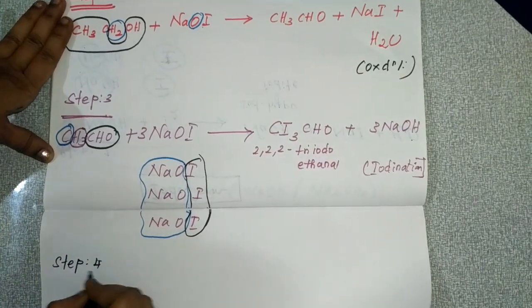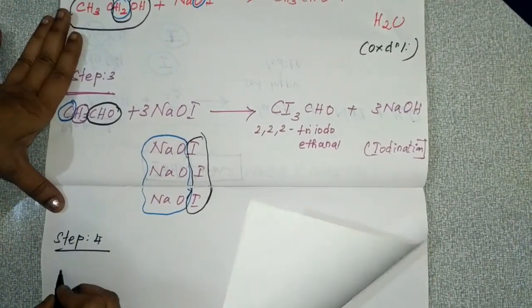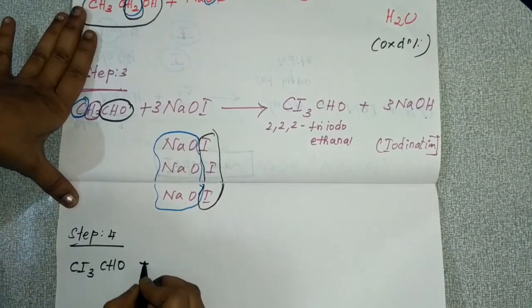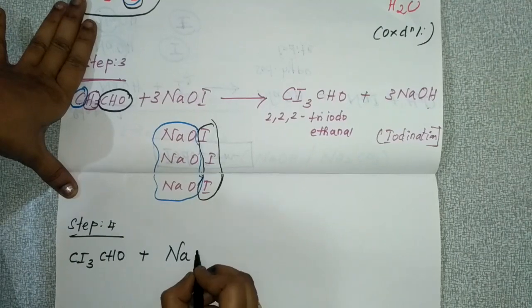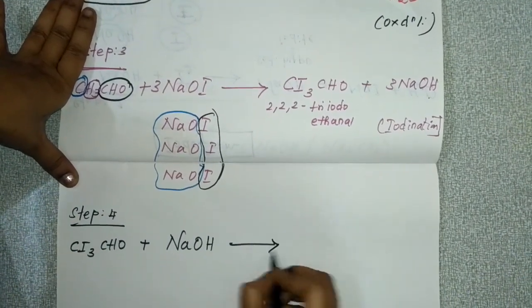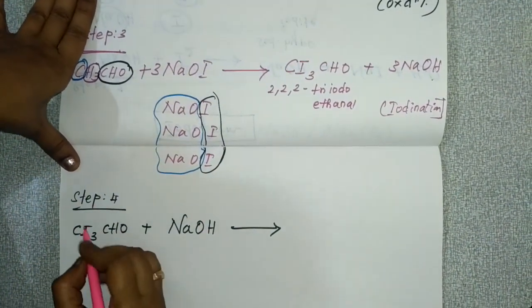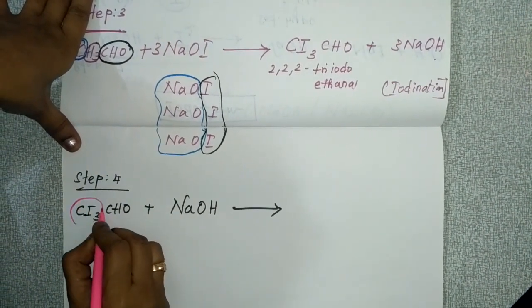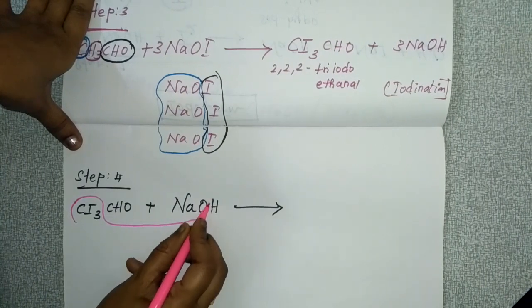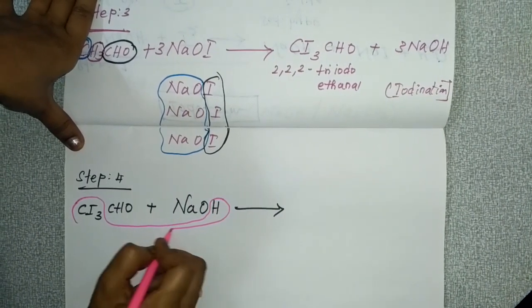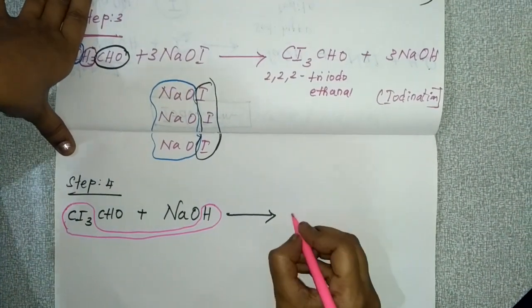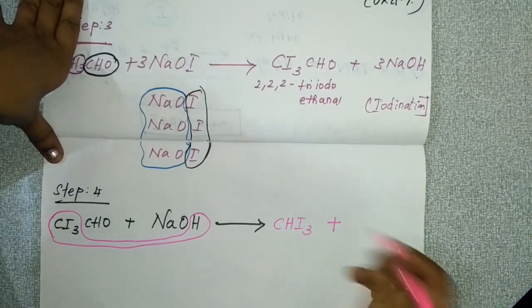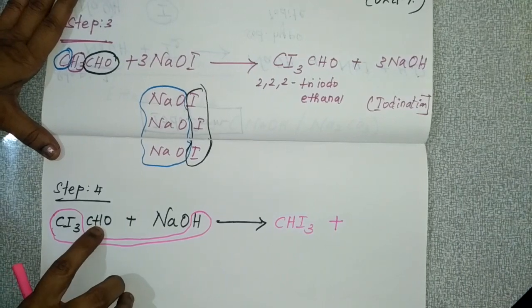In this step 4, this formed CI3CHO with NaOH, this CI3 and this H will combine and form iodoform, and what else is remaining?